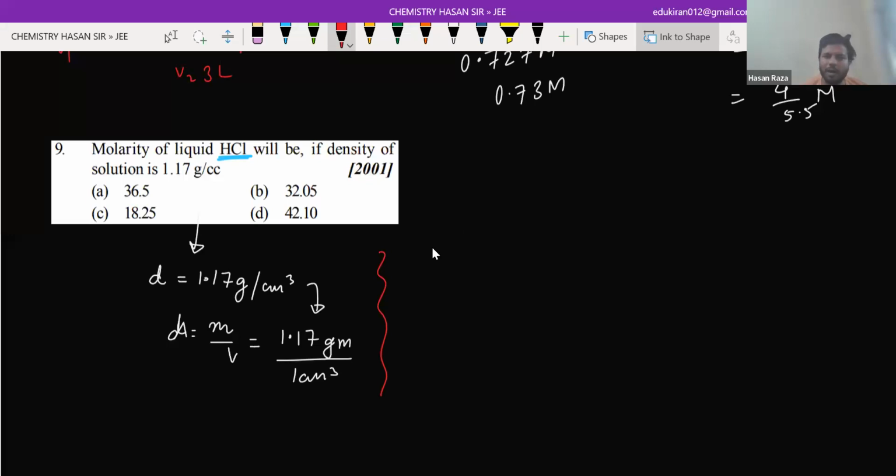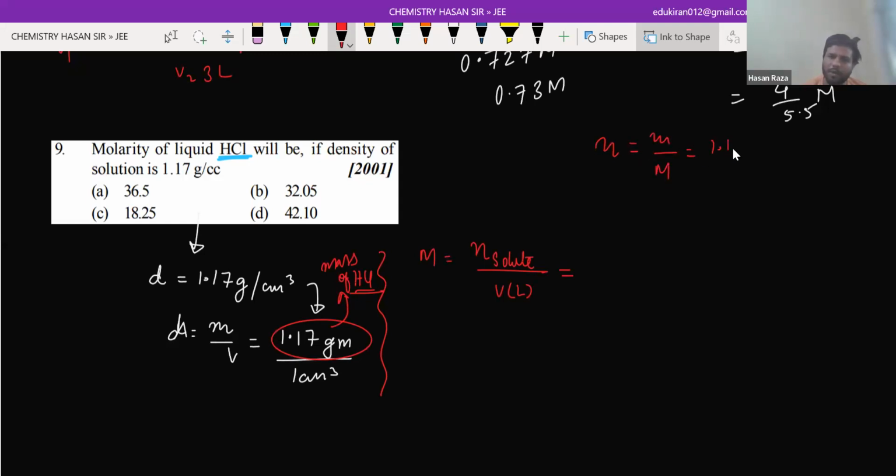Now, what you need to do? We need to calculate molarity. Molarity as a formula is number of moles of solute upon volume of solution in liters. Number of moles of solute, how are you going to get it? This is the mass of HCl solution. So the number of moles of solute you can easily calculate as given mass upon molar mass.